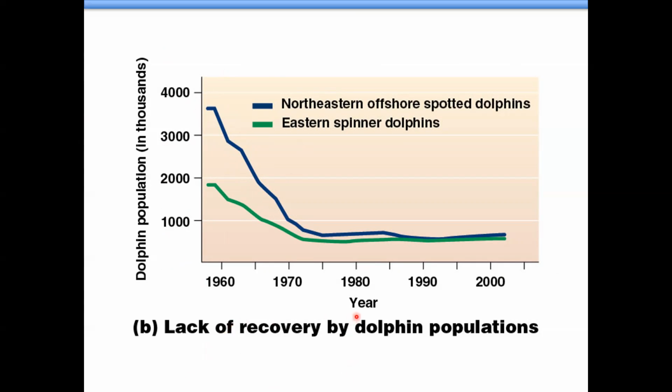Now, although we've gotten a lot better with this, dolphin populations have yet to recover. So obviously we need to do a little bit more. We need to change policies, really try to target this issue in different, more educated ways.